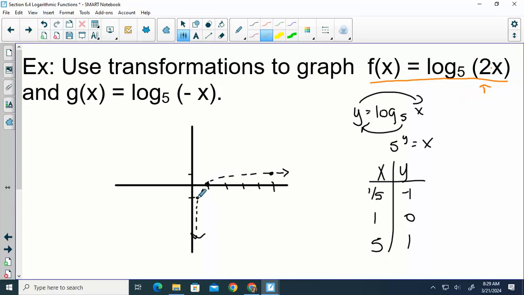So if we basically just think about this, we could take our x's and divide them by 2. So this is 1/5, so it's going to go to 1/10. This x is at 1, divided by 2 would be at 1/2. This x is at 5, divided by 2 would be 2.5. So extremely similar graph, but it shrunk in.